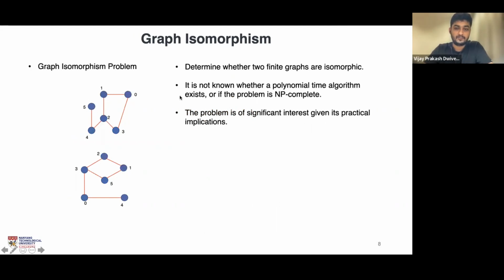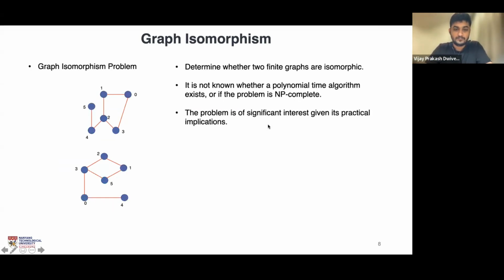Before that, let's find out whether there exists any algorithm to determine whether two graphs are isomorphic or non-isomorphic. For this simple example, we could solve it visually, because it's a small graph and we can spend some time finding the correspondence like in the previous slide.